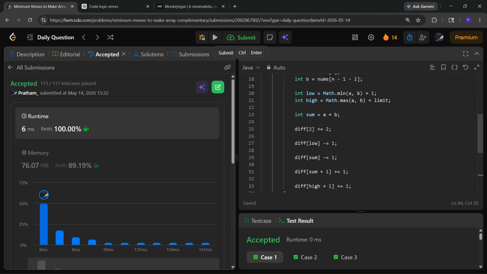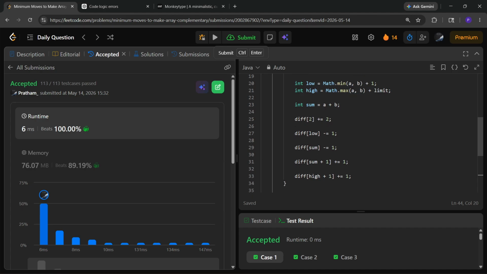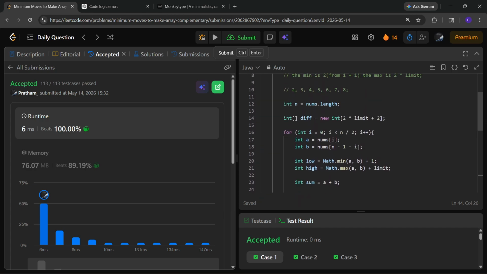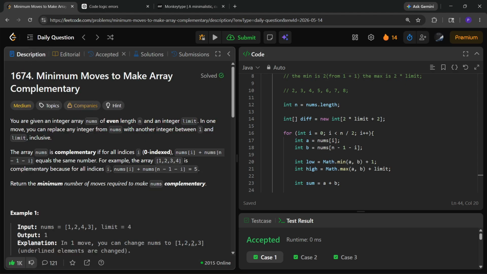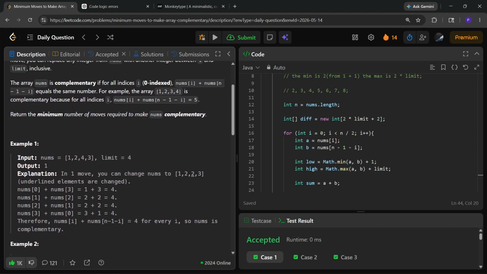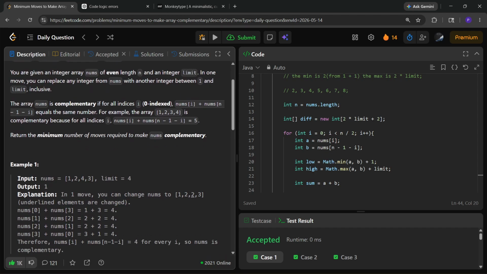I know it's going to be between 2 and 8 if limit is equal to 4. Let me just try it and this real quick and I might understand. Reading is not that simple. I'm just not at a level where I can just read the editorial and figure it out. It needs time.